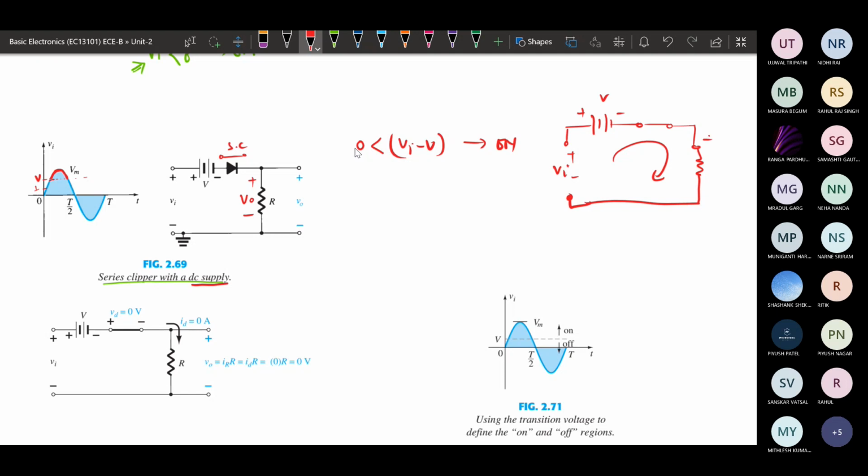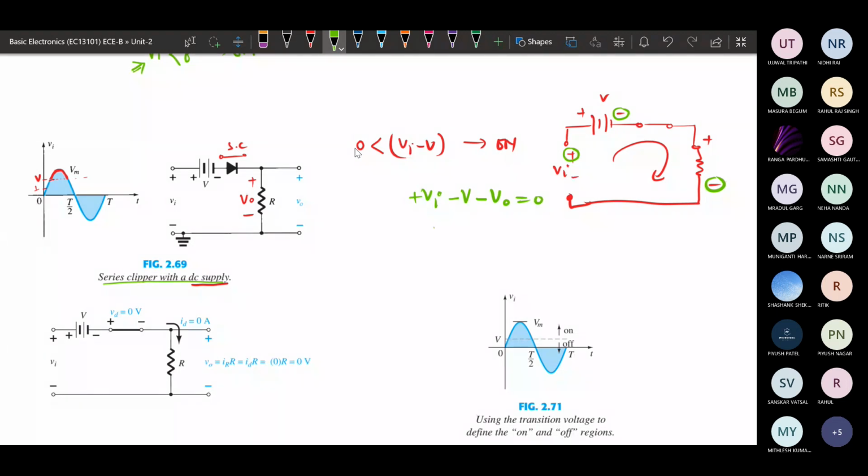With respect to that, we are going to apply the KVL. Whatever the existing voltage is, plus V input we will write. The exiting voltage, the sign basically is negative, so negative V will be there, and negative V output in the direction of current, and that will be equal to 0.